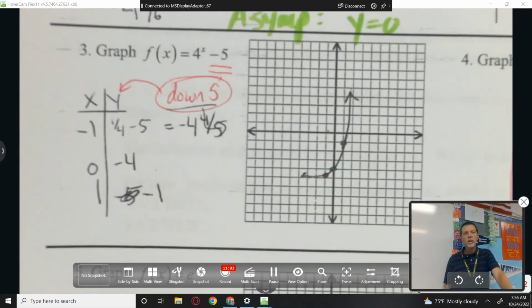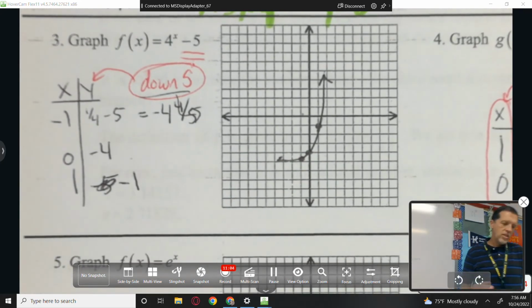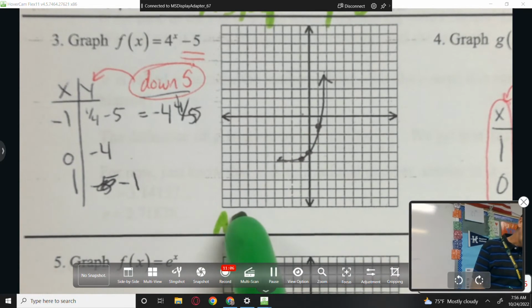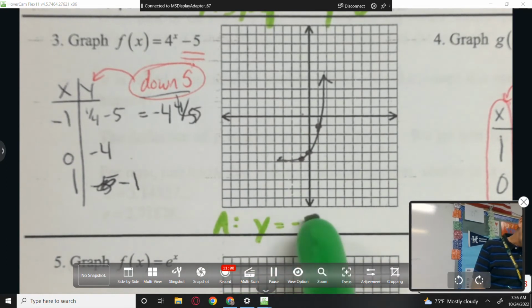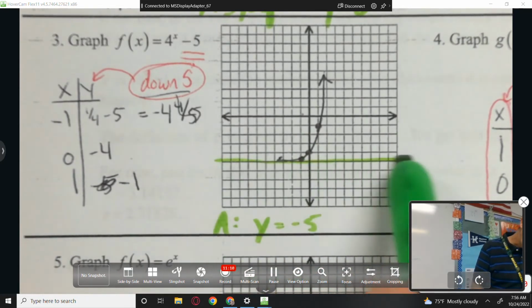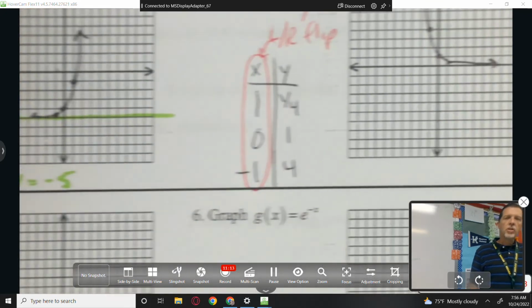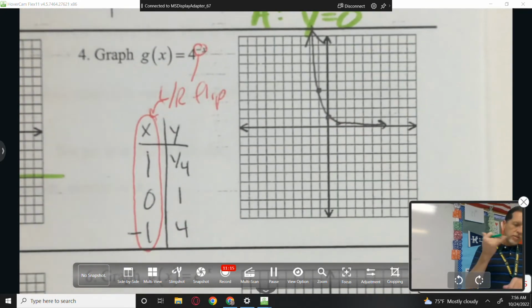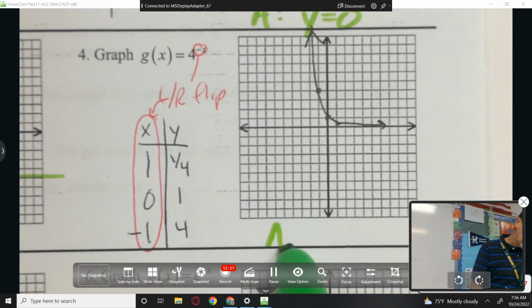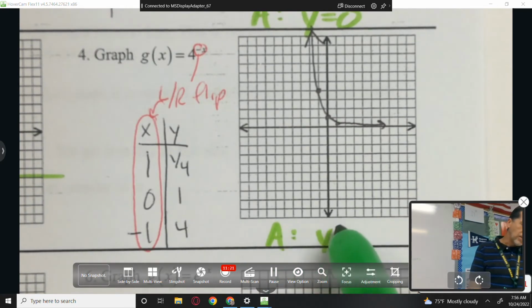So like number 3, if we go down 5, what's our new asymptote? Y equals -5. And then on number 4, if we flip it left and right, our asymptote is still y equals 0.